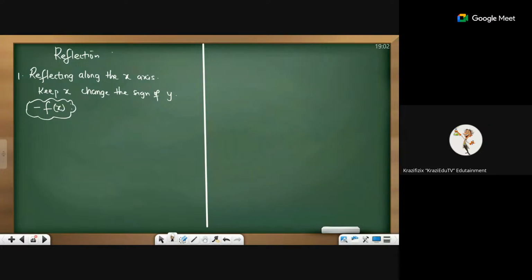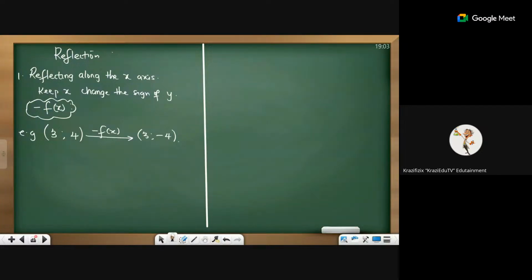Once you see that, you see my y value is changing. Example, if I have a 3 and a 4, and I reflect along the x, I'm going to keep the x and change the y. That's my first reflection.